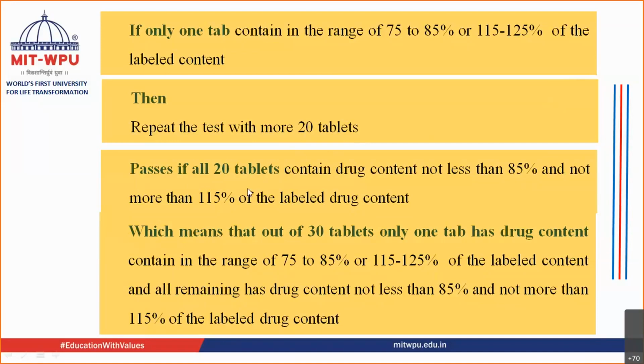In the second 20 tablets, you are not allowed to go below 85 or above 115. In the first 10 tablets, one tablet is allowed. So in total, out of 30 tablets, only one tablet is allowed. That's what I wanted to say. So out of 30 tablets, 29 should be in the range of 85 to 115, and only one tablet can be in the range of 75 to 85 or 115 to 125.